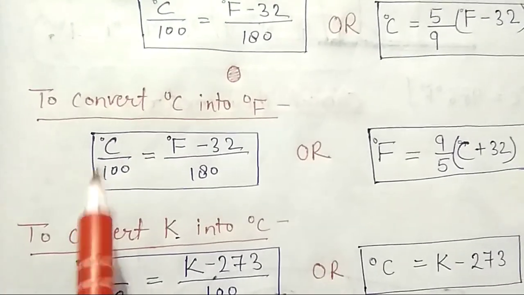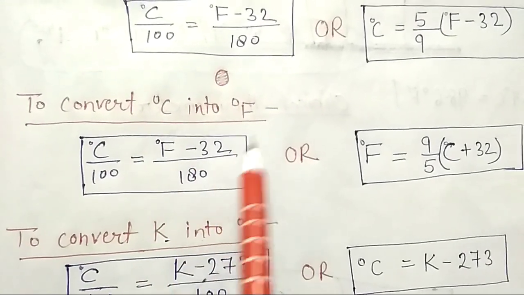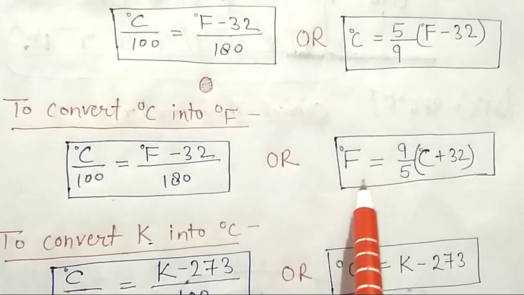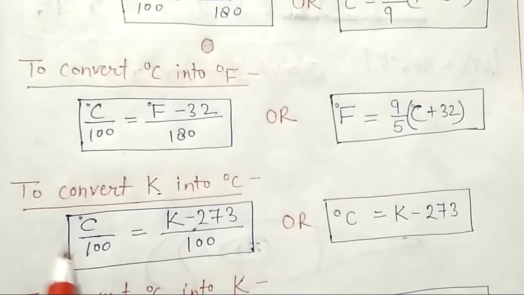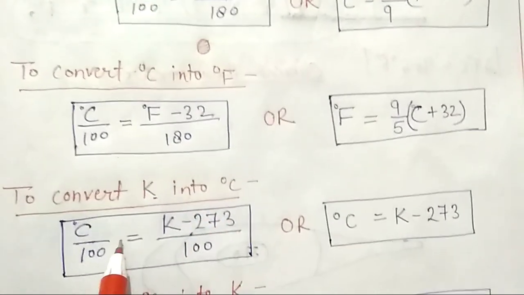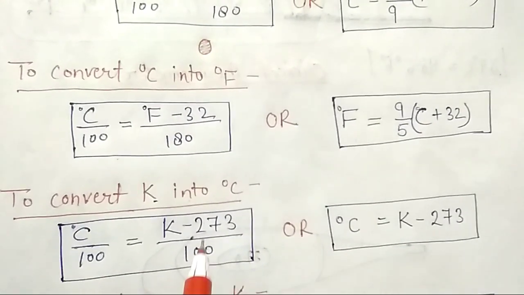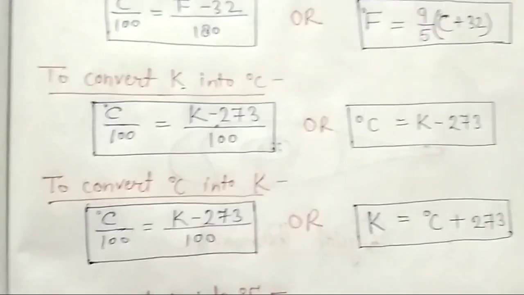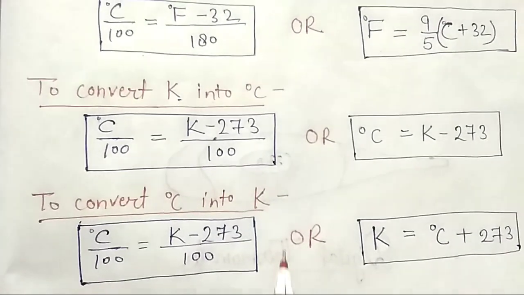If we want to convert degree Celsius into degree Fahrenheit, we can use this formula, otherwise this formula. Next, to convert Kelvin into degree Celsius, we can use this formula, otherwise this formula. This formula is also derived from this formula. Next is to convert degree Celsius into Kelvin.